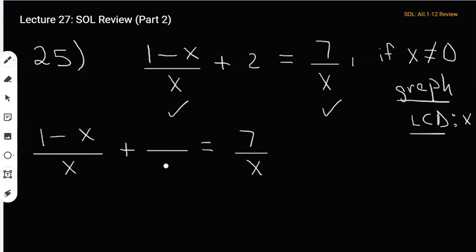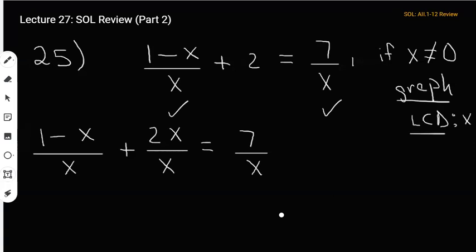So in the middle, I'm going to have x in the denominator. If I'm multiplying the denominator by x, I need to multiply the numerator by x. So 2 times x is going to give me 2x. And that's how I rewrite it. So now the x's can cancel out, just leaving me with a whole number 2.